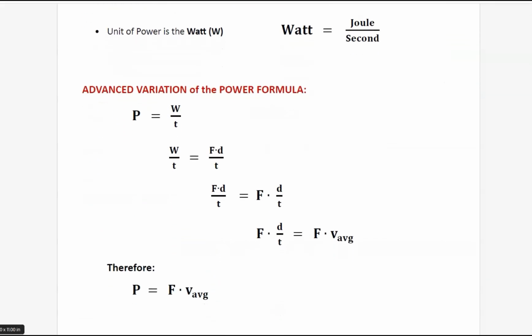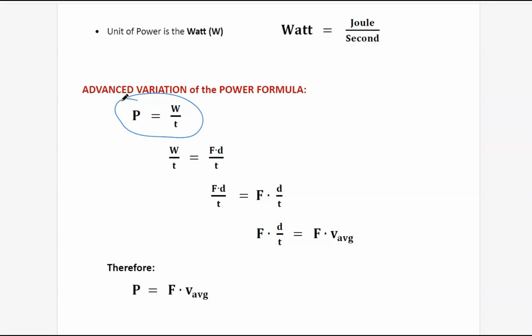Now, this is a more advanced section, but it's a pretty straightforward one to explain. It looks complicated because you see a lot of formulas, but I'm going to prove to you it's actually much simpler than you think. You have the simplified formula for power: the amount of work per time, work divided by time.